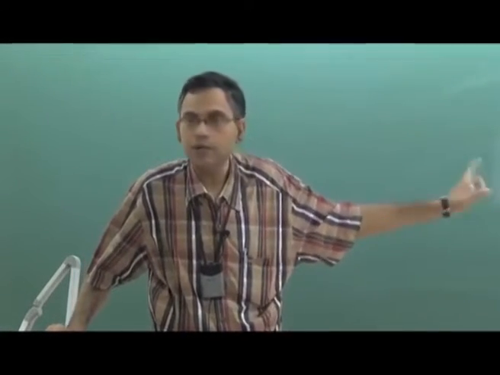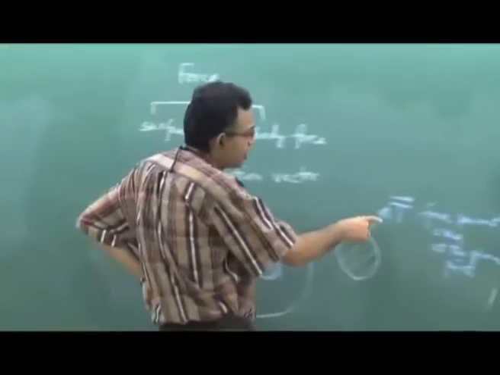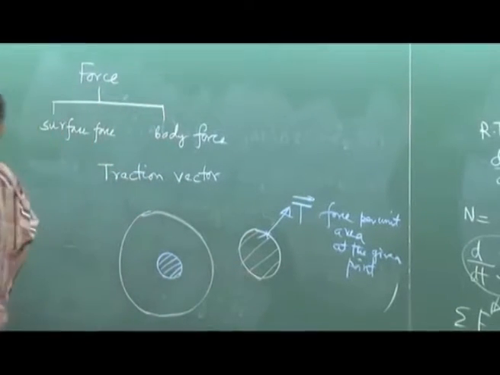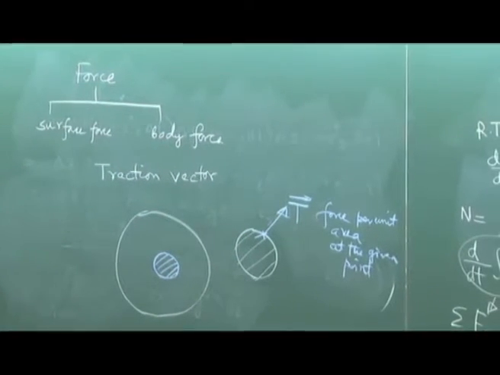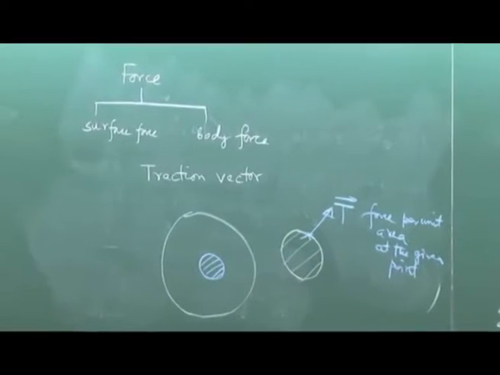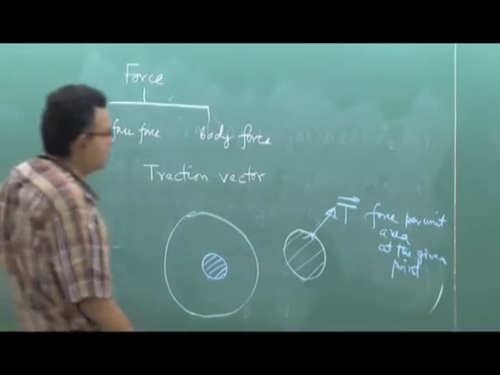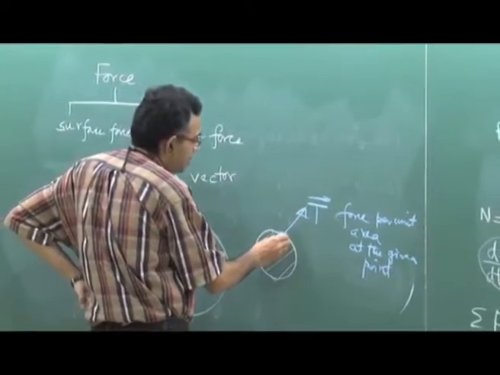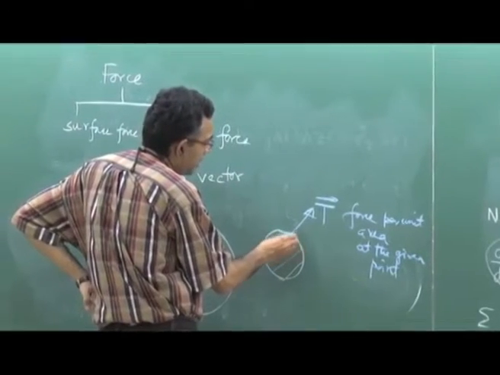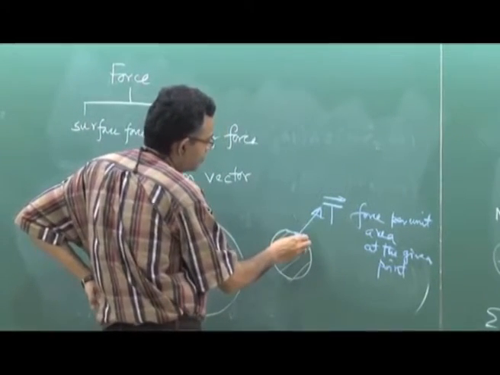This force is because of the interaction between the shaded volume with the remaining part of the volume. So, this is like an action reaction type of force. Now this is not the total force, this is force per unit area. So if this is force per unit area, that means the total force will be dependent on the area that is chosen here.